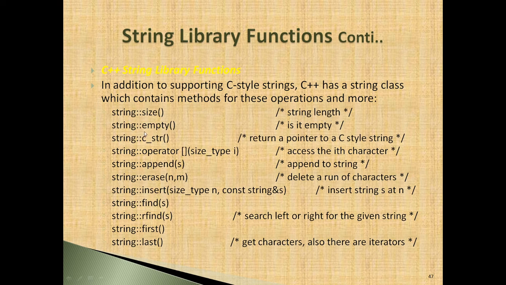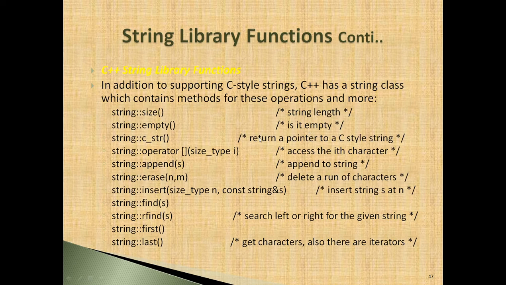Next, string scope resolution operator empty will tell you whether the string is empty or not. Then string scope resolution operator c_str returns the pointer to the C style string.